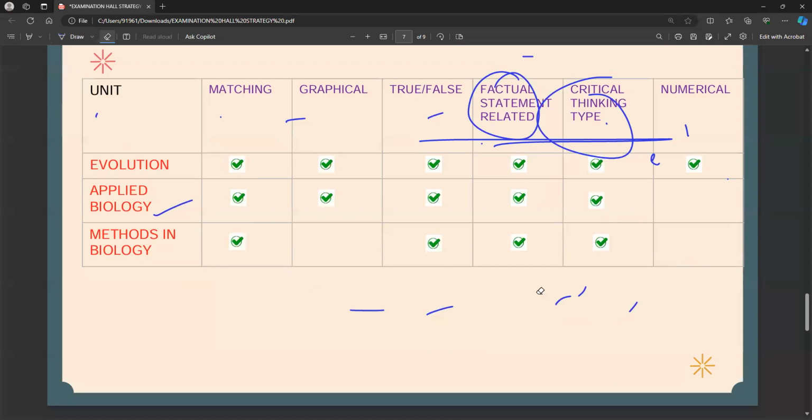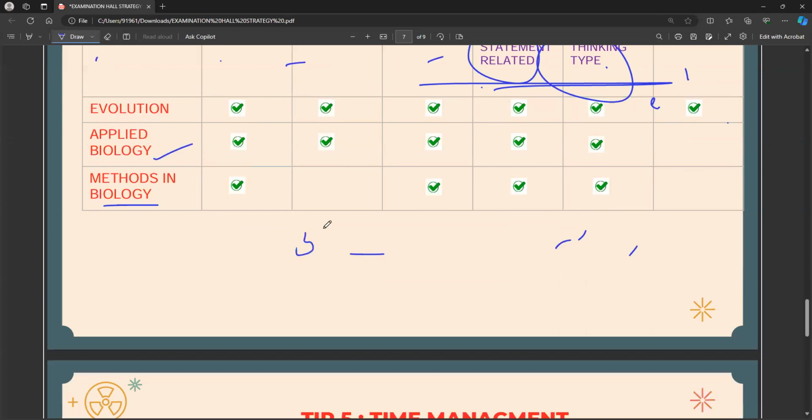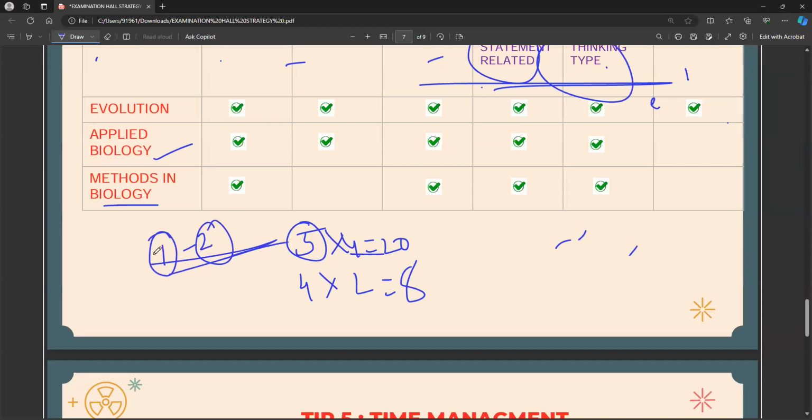Then one of the biggest units after unit 4 is methods in biology. Let's consider 5 four-markers are coming. Let's consider 4 two-markers are coming. Out of these 5 markers, you just mark my words. You will get minimum 1 matching question, maximum 2 matching questions. Just blindly believe it. And you will get 1 graphical question.